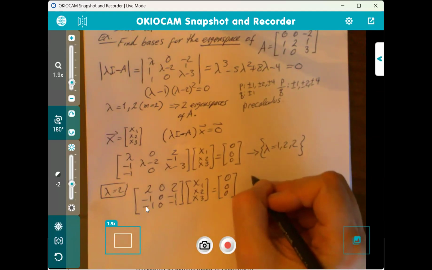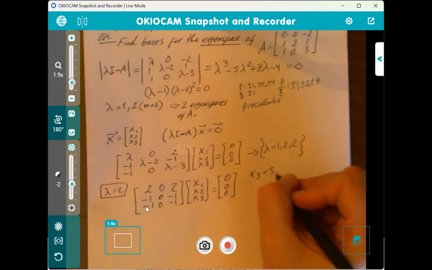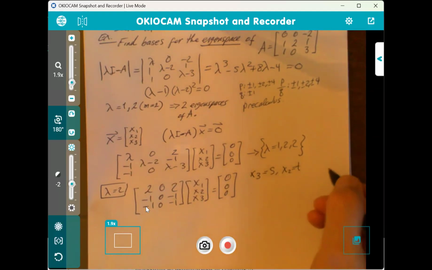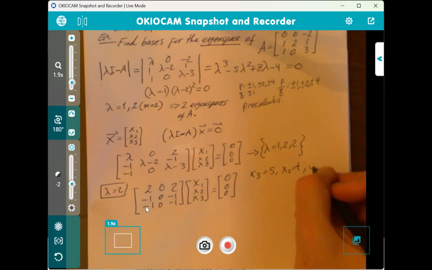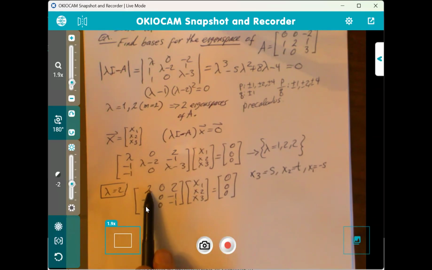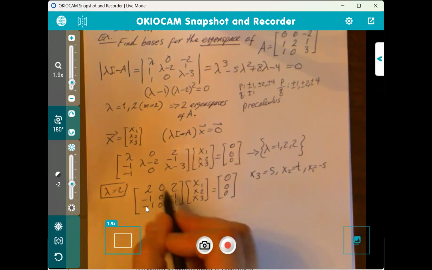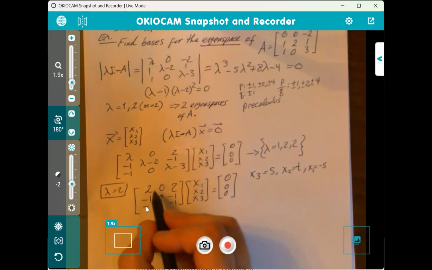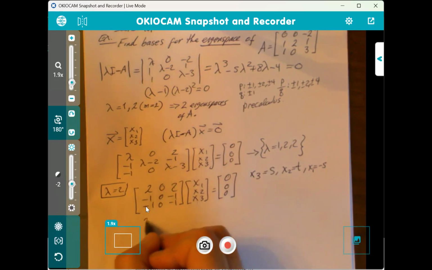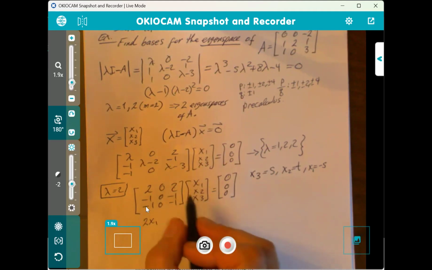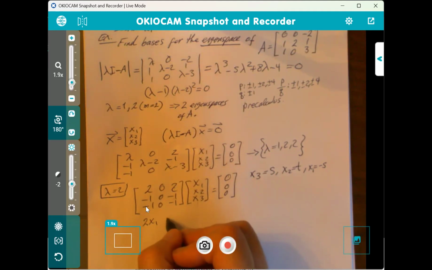And again, solving this one, x sub 3 you can let be whatever, s. X sub 2 ends up being t, and x sub 1 is -s. Let me write one equation for you. This first one, first row, first column: 2x1 plus 2x3 equals 0.